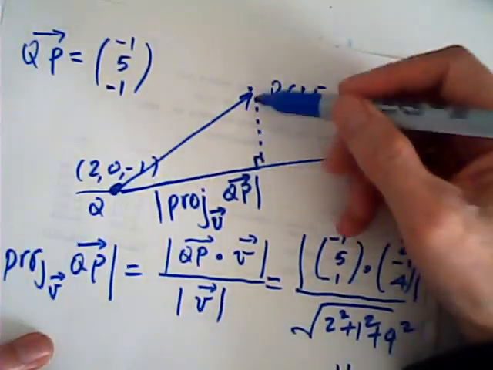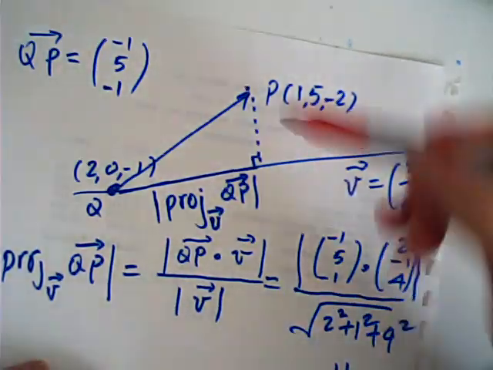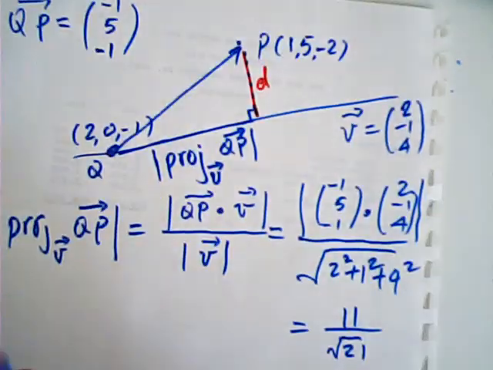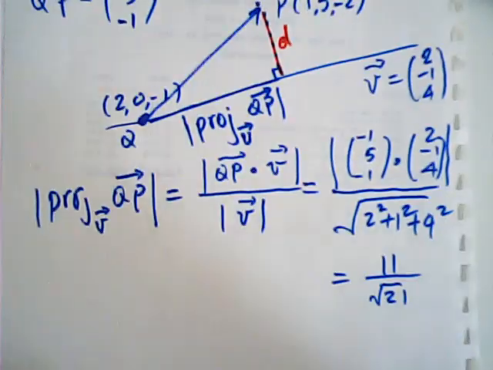But we are looking for the distance between P and the straight line. Therefore, we use the Pythagorean theorem.